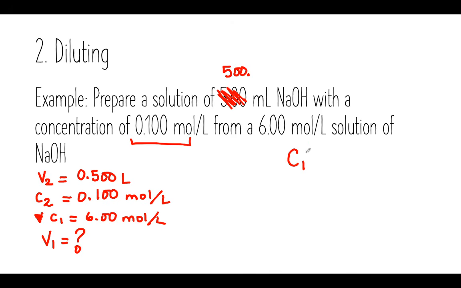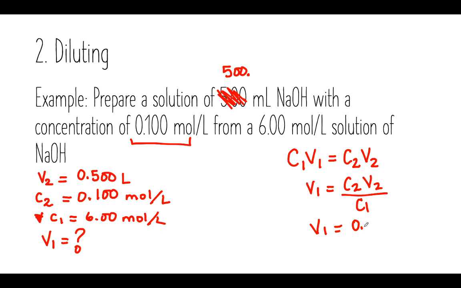So in order to do our calculation, we have to use our dilution formula. C1V1 is equal to C2V2. I'm solving for V1, so I'm going to rearrange my equation so that V1 equals C2V2 divided by C1, because C1's being multiplied over here. When I take it over to the other side, it's got to be divided. So V1 is equal to, let me sub in all of these numbers, 0.100 moles per liter times V2, 0.500 liters, all divided by 6.00 moles per liter.